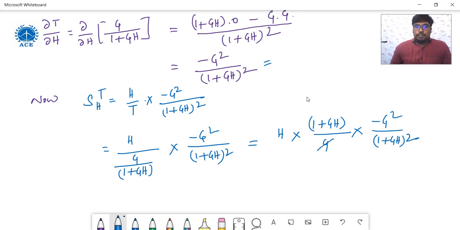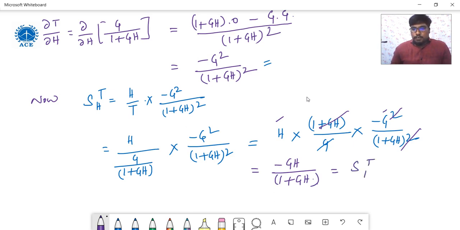Now GG will get cancelled, this term will get cancelled. Now the final will be minus GH, these two terms H and G with minus, whole divided by 1 plus GH. Okay, so this is the sensitivity of the overall gain with respect to feedback.